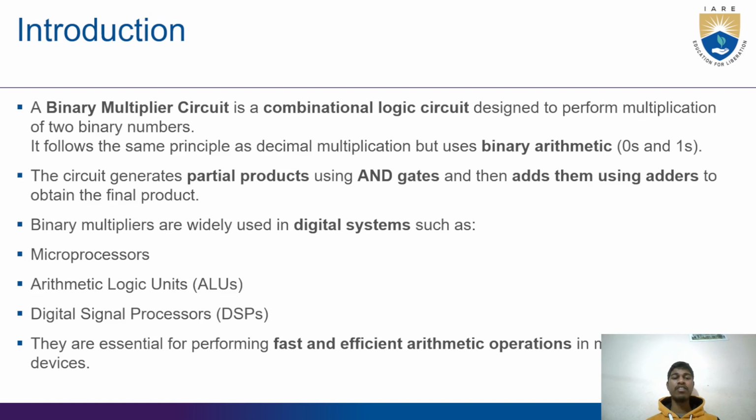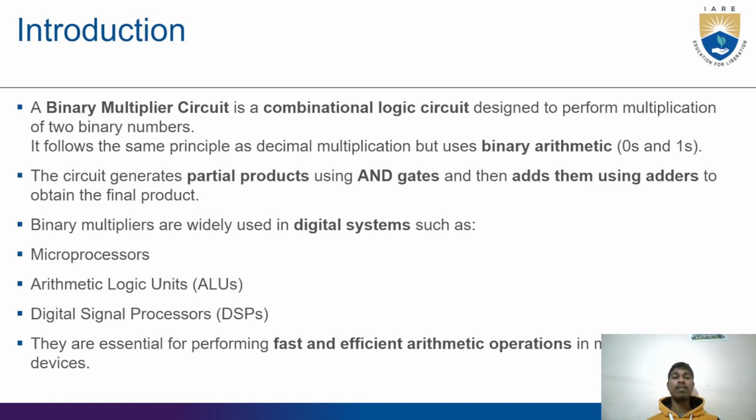It follows the same principle as decimal multiplication, but uses binary arithmetic, zeros and ones, as I said before. The circuit generates partial products using AND gates and then adds them using adders to obtain the final product. So we use AND gates, and with the help of the adders, we get the final product.